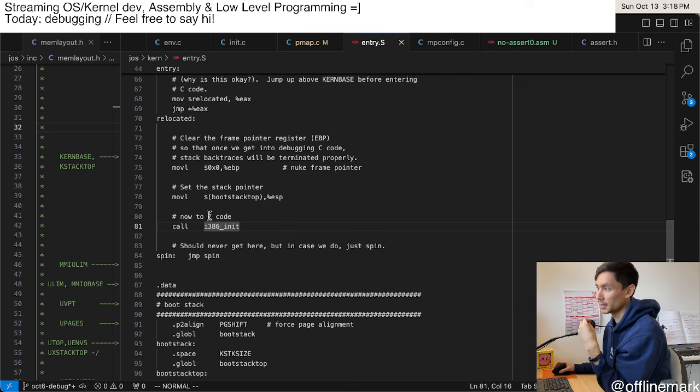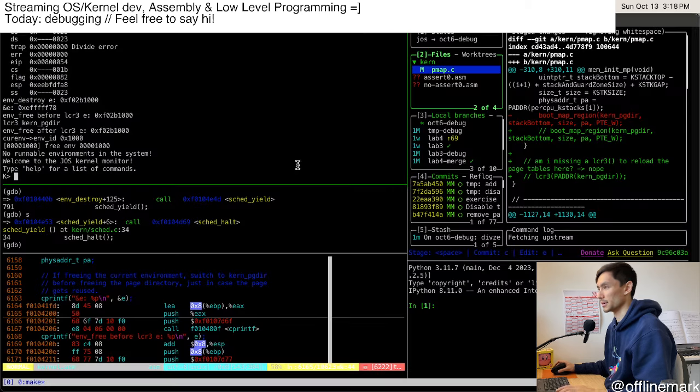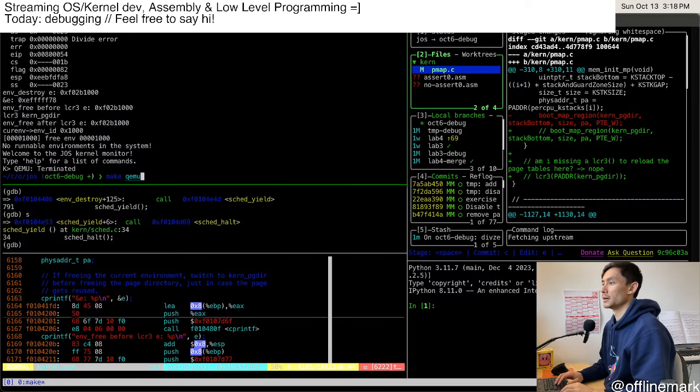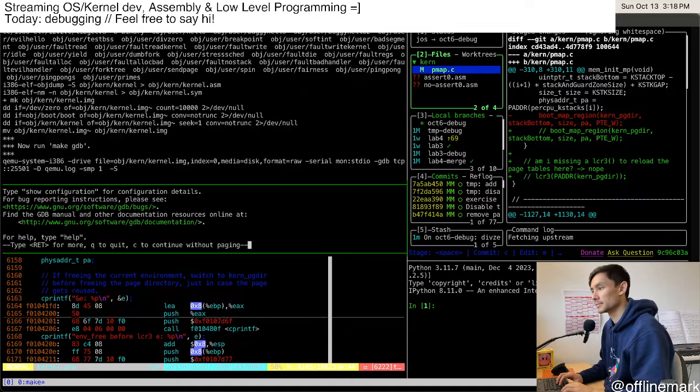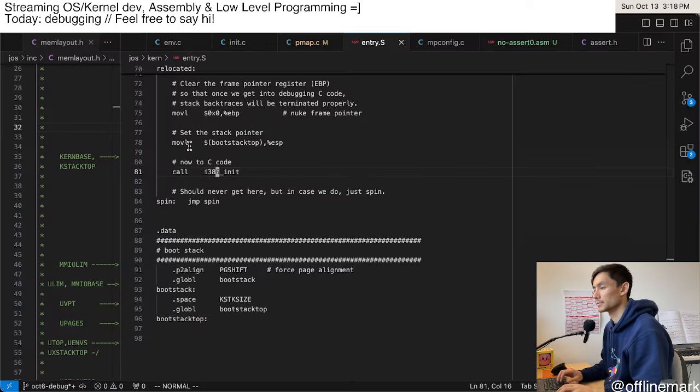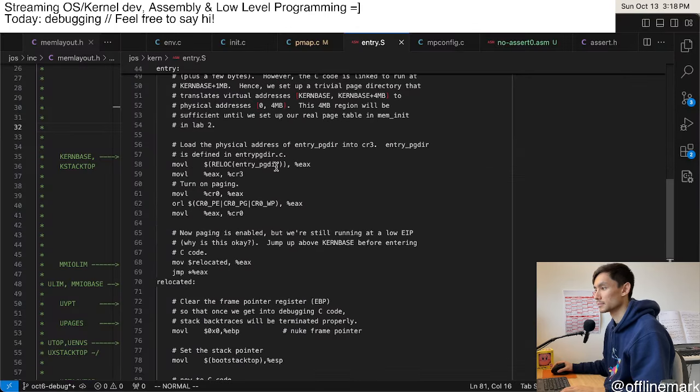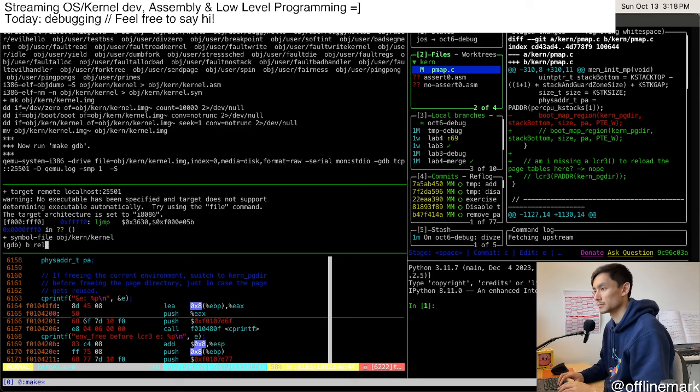So now we're here, and K boot stack top is going to be a virtual address. I think it might be useful to be in a debugger.